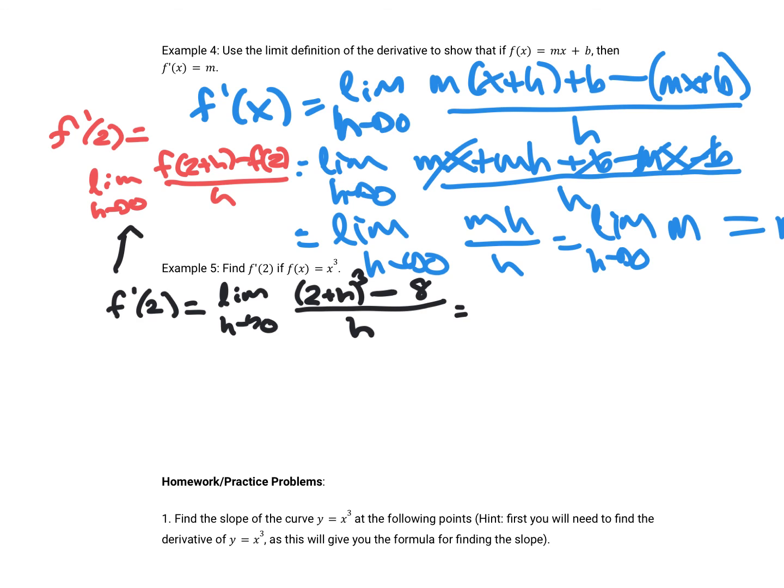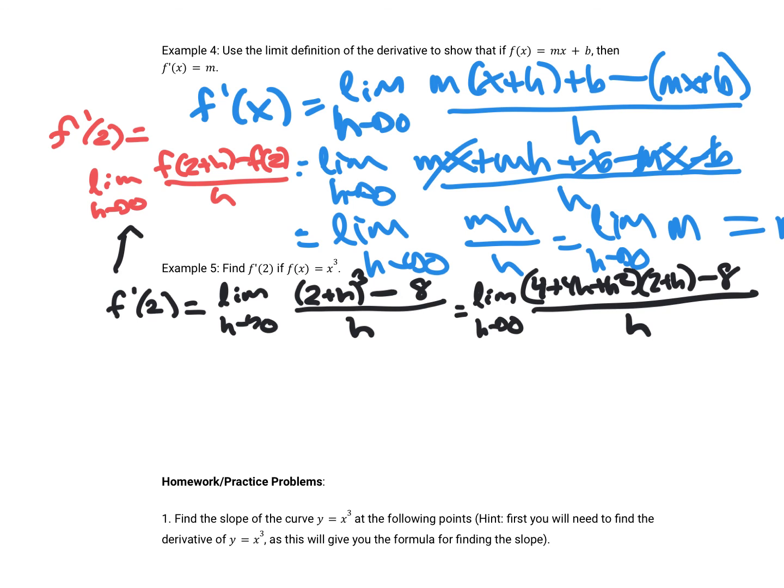So (2 plus h) cubed, not exactly fun. So I know (2 plus h) squared is going to be 4 plus 4h plus h squared. And then that's going to have to be multiplied by 2 plus h, minus 8, over h.